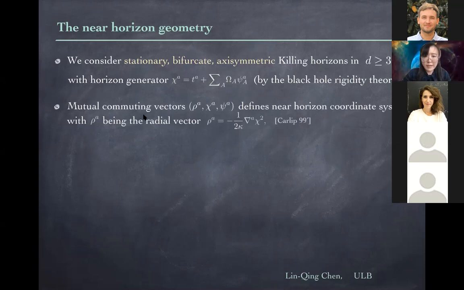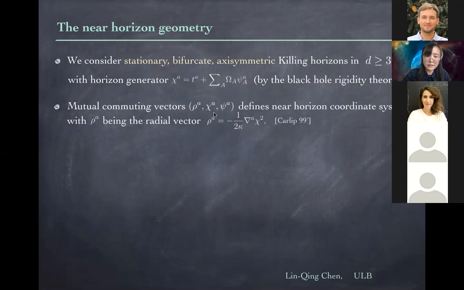And so the mutually commuting vector fields in such a space-time could define the near horizon Rindler coordinate system. These mutually commuting vector fields are the horizon generator, the axisymmetric Killing vector, and another radial vector which was defined in Cardy's paper in 1999, basically in this form, where chi squared is the norm of the horizon generator.